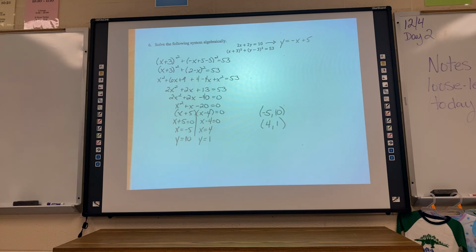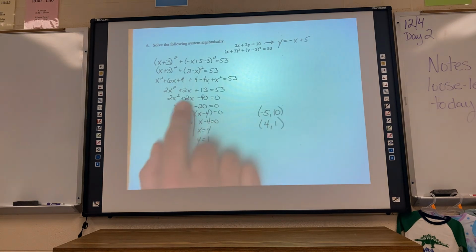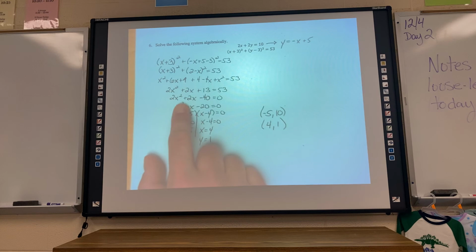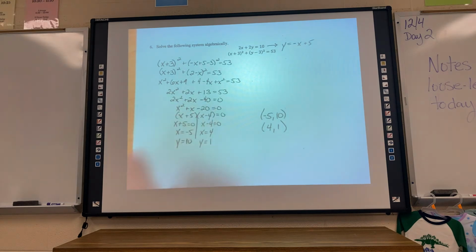You have to remember how to FOIL here, guys, and then put it back together. Notice that you didn't have to split the middle here. You had a GCF. You divided everything out by 2. Always look for that. You don't really want to split the middle. A lot of you make silly mistakes when you split the middle. Try to avoid that if you can. Always look for a GCF.